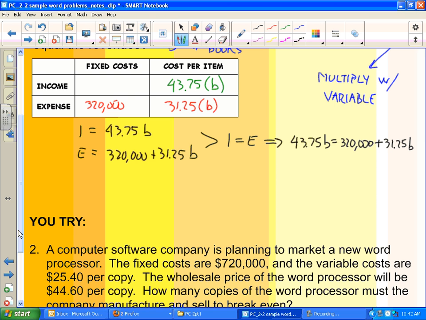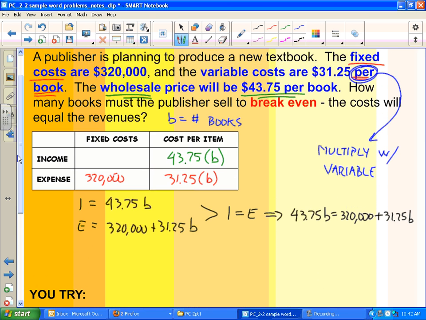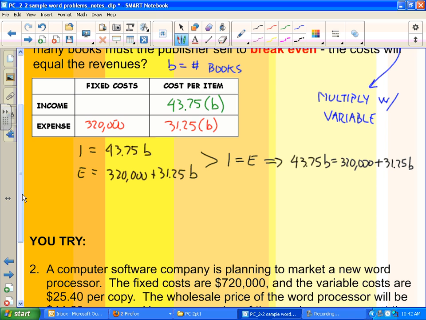Now, when I find B, look at the question. The question is how many books, not the cost. This question is just how many books. So when I set this over here and I get 1250B equal to 320,000, somebody get a calculator. How many books am I going to have to sell before I break even? Whoa, what number? 25,600?